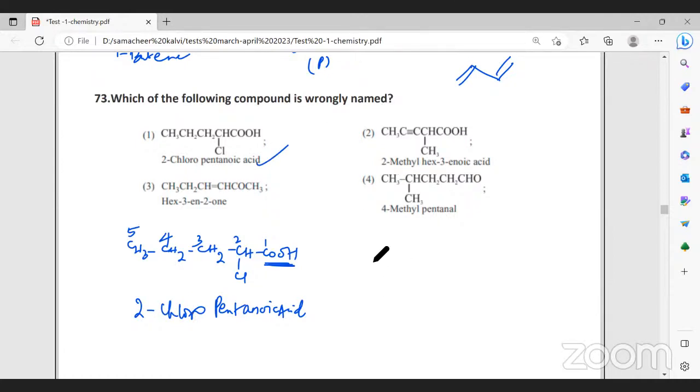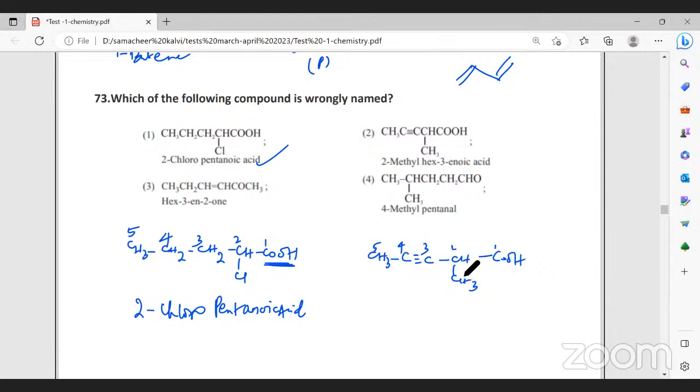Now, if you take this molecule, CH3, C triple bond C, CH, CH3, and COOH. Again, the acid has to be given the preference. So the numbering will be 1, 2, 3, 4, and 5.